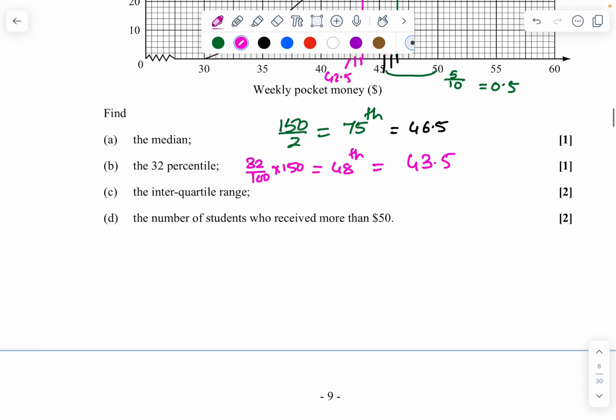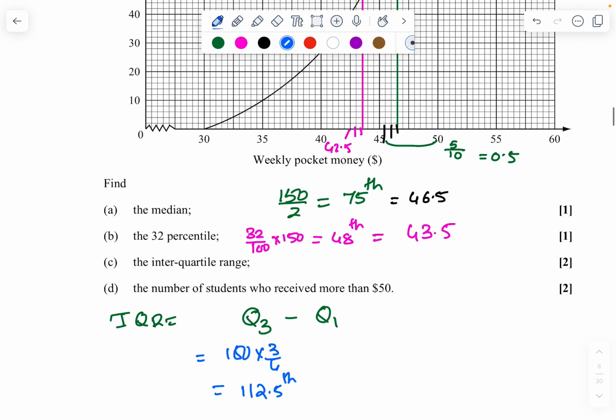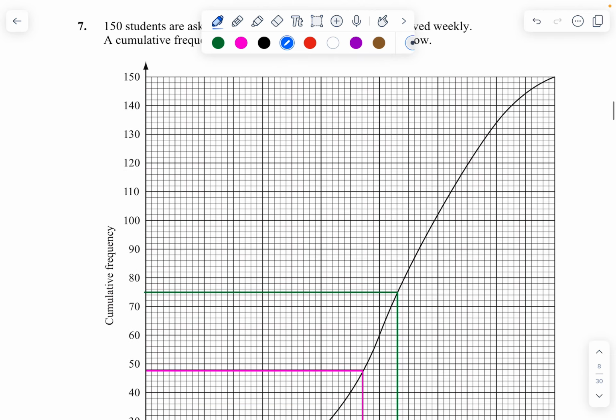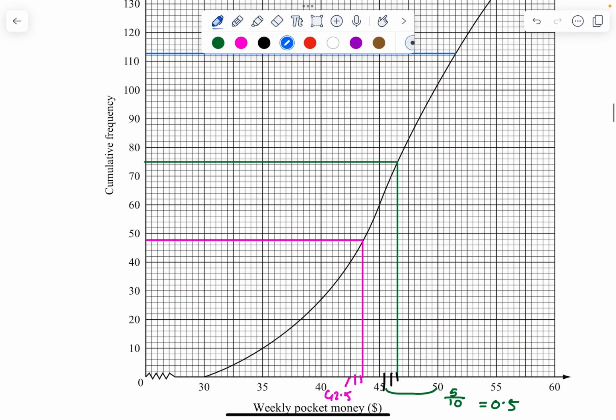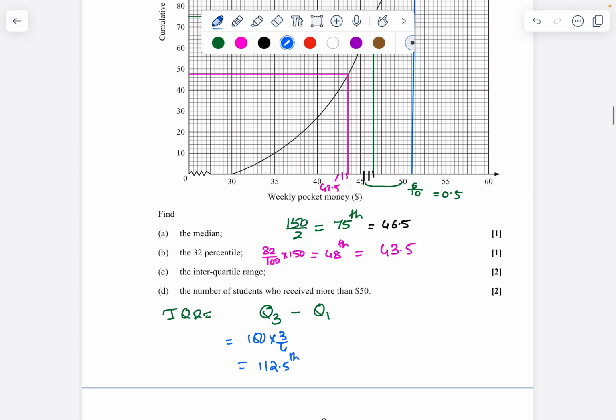Next, interquartile range. So what is interquartile range? Interquartile range equals Q3 minus Q1. So Q3 is nothing but what? 150 times 3 upon 4, which is 112.5 observation, which is obviously the 113th observation. So from the 113th observation, I draw from there and bring it over here. So it's going to be 51.